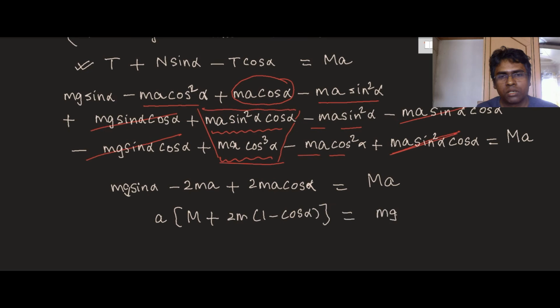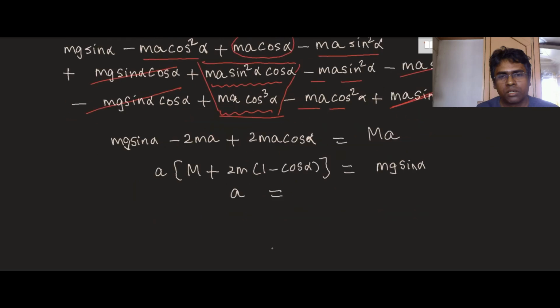So finally the acceleration of the wedge is mg sine alpha divided by capital M plus 2m into 1 minus cos alpha.